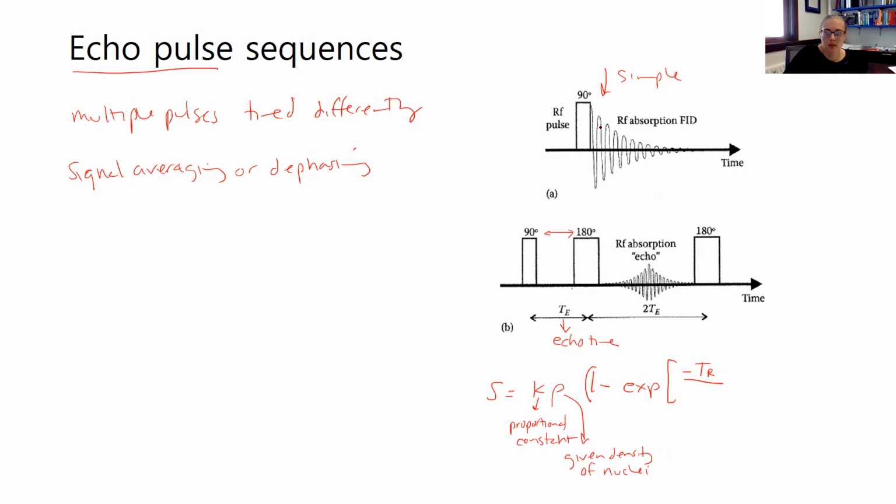Your repetition time is how often you're sending these first pulses. And that is divided by these relaxation processes that we discussed, your T1 from last lecture, times the exponent of your echo time over T2. So this helps improve your ability to look at that relaxation process, the T2 relaxation.